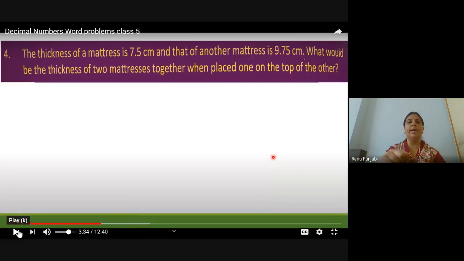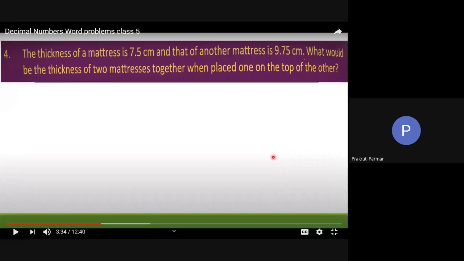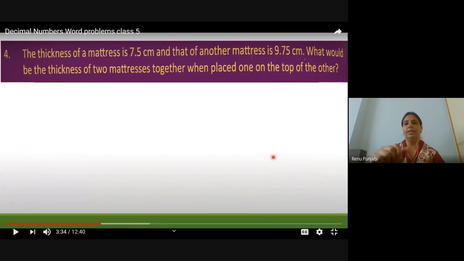The thickness of a mattress. You all know what is mattress? Mattress क्या होता है? Yes, ma'am. याशवी, आपको पता है mattress क्या होता है? Yashvi, do you know what is mattress? No, ma'am. नहीं पता. बेड पे क्या रखते हैं जिस पे आप सोते हो?